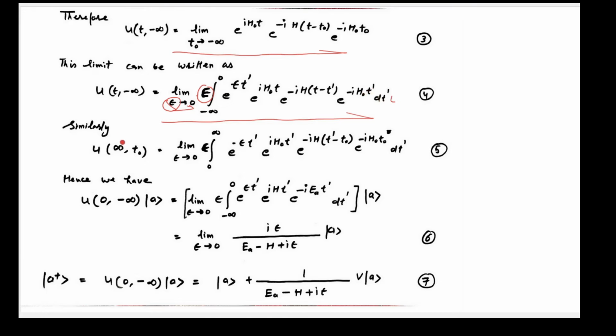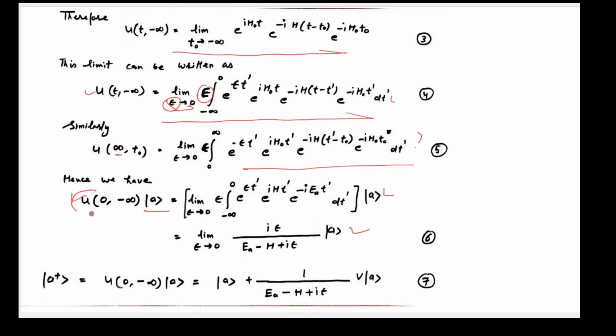Now similarly when initial time is t0 and final time is infinity, so we will have this. Now suppose here t is 0, substituting t equal to 0, we will get this, and operating on a state we will get this. After taking integration we will have this equation number 6.